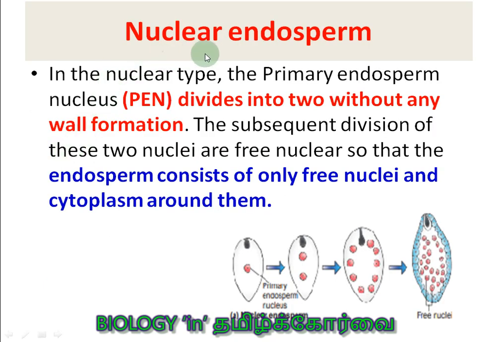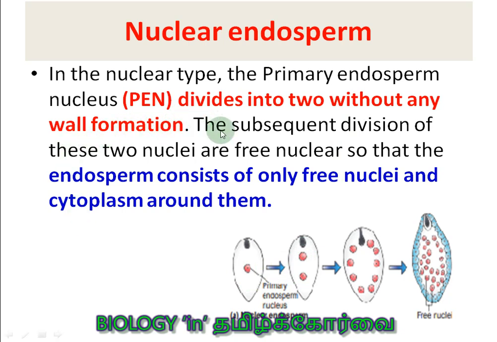Now nuclear endosperm. In the nuclear type, the primary endosperm nucleus divides into two. Here you can see, but it is not followed by cell wall formation. So cell wall formation is the major criterion, my dear students. Please remember, cell wall formation should be taken into account to remember the types of endosperm.